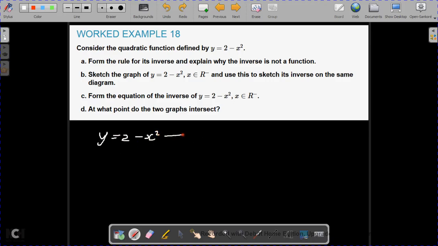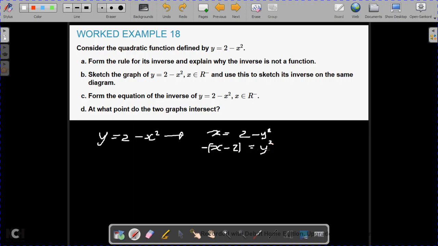The inverse is going to be interchange x and y, so x equals 2 take y squared, and then just solve for y. So take 2, divide by minus 1, or times by minus 1. Okay, becomes a negative equals y squared.